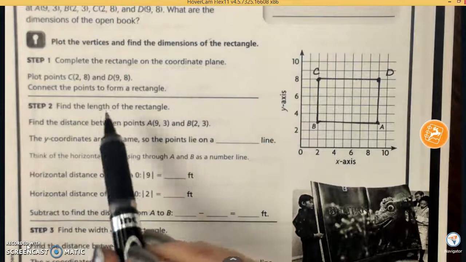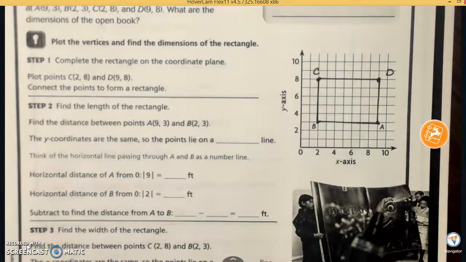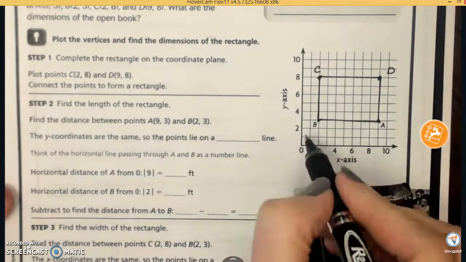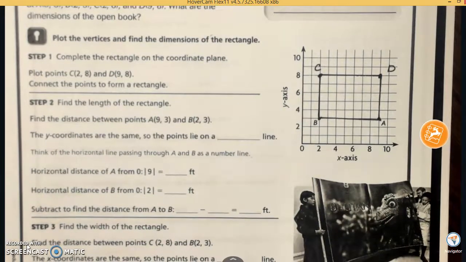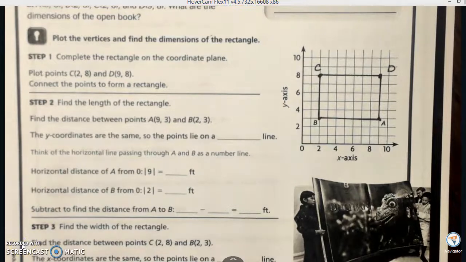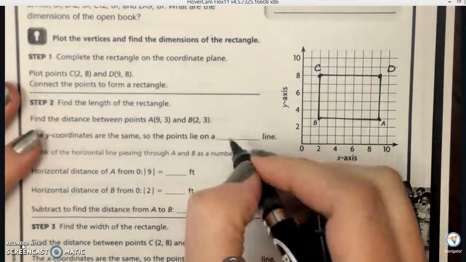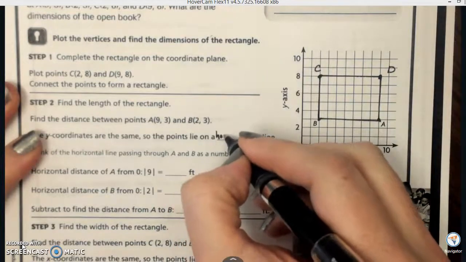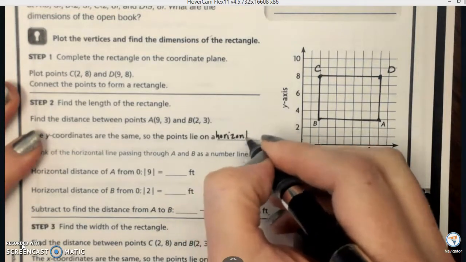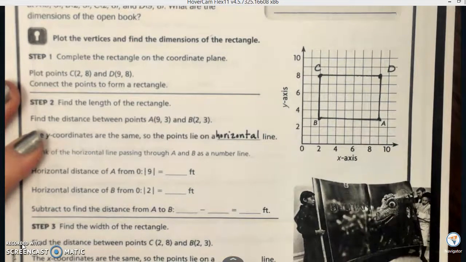Now the next step, we've got to find the length of the rectangle. So first we're going to find the distance between A and B. The y coordinates are the same, so that means that the points lie on a horizontal line. So right here, I'm going to have trouble writing it. I'll try to write it small enough. So this is a horizontal line.